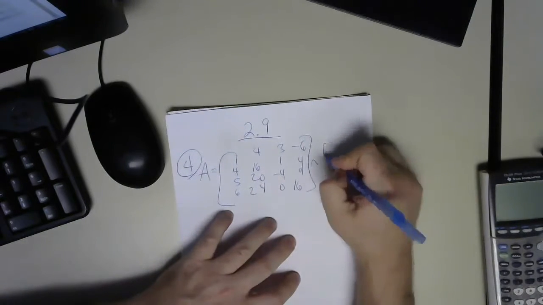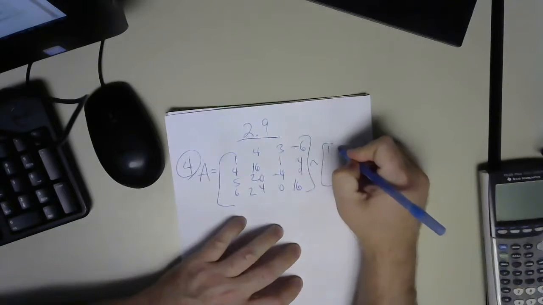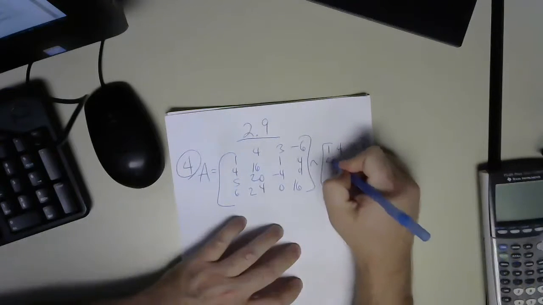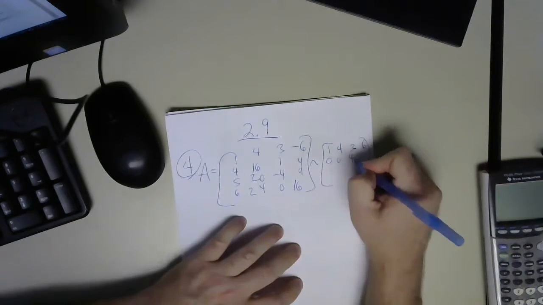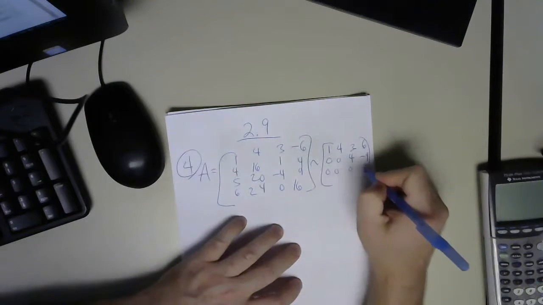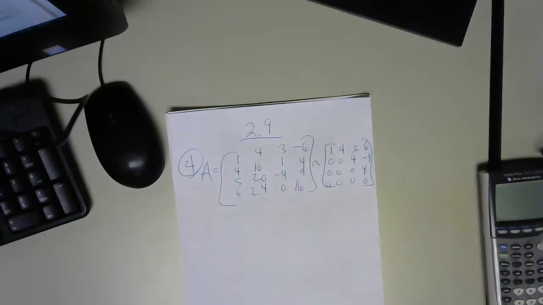And then they say that this is row equivalent to this other matrix, which is in echelon form, not reduced echelon form, just echelon form. Okay.